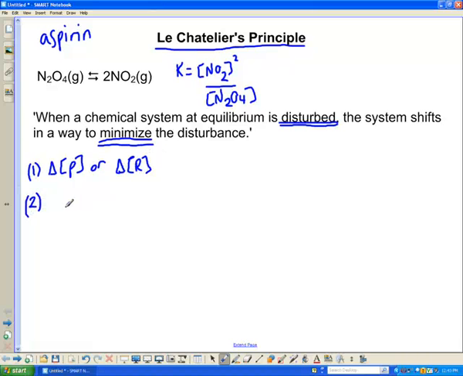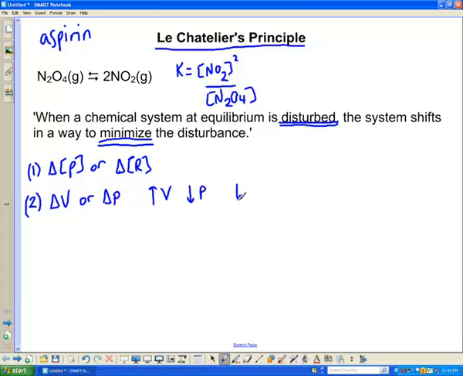Another way to introduce a disturbance into a system at equilibrium is to change the volume of the reaction or change the pressure of the reaction. Now, from what you've seen before, if you increase the volume of a container, its pressure will go down.